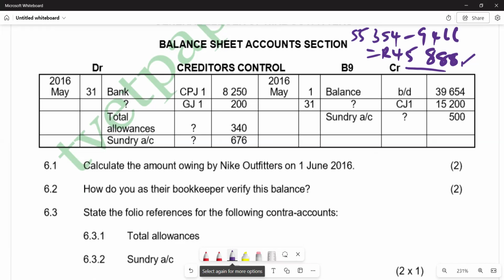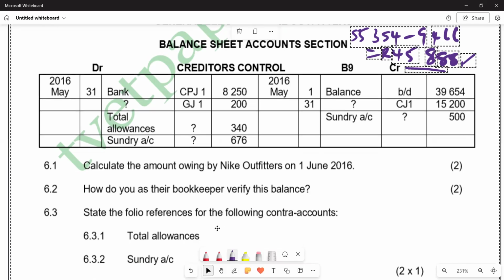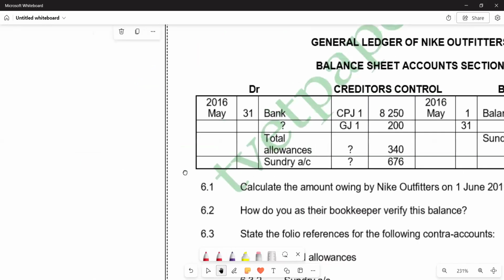So if you put it down, you're going to see that this balance must be equal to the creditors list. As simple as that. So we're going to say 6.2. We go there and we explain it from that angle. We are saying 6.2.